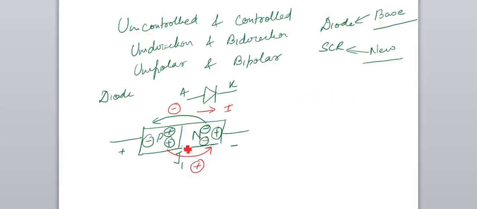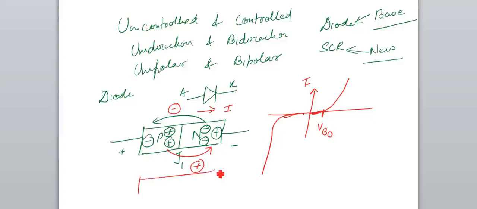So this is the constructional feature, and what you get as the characteristics is like this. There is a breakdown voltage, VBO, and this is the current. The breakdown comes when there is a charge mix.